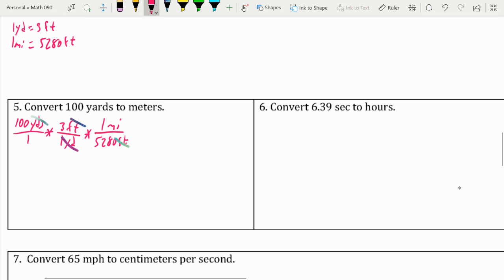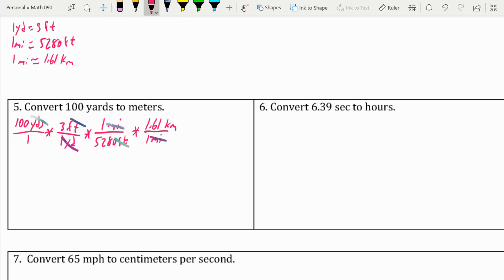So 1 mile is approximately equal to 1.61 kilometers. So now I can change it over at least to metric. 1 mile at the bottom, 1.61 kilometers at the top. Again, miles and miles cancel. So I'm left with kilometers.